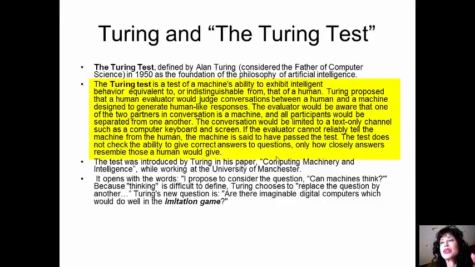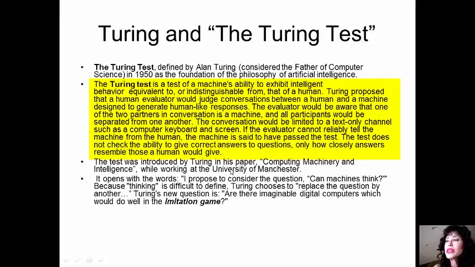So he proposed that a human evaluator, who would be in another room, would judge conversations between him and another human and him and a machine. The machine, of course, is designed to generate human-like responses. The human evaluator would be aware that one of the two partners in this conversation is a machine, but they all would be separated from one another, and the conversation would be limited to a text-only channel, such as keyboard or screen.